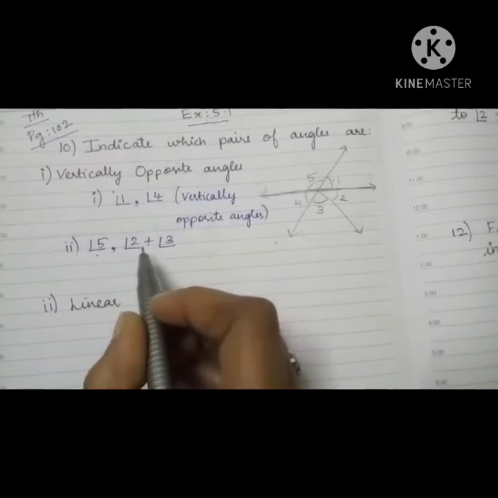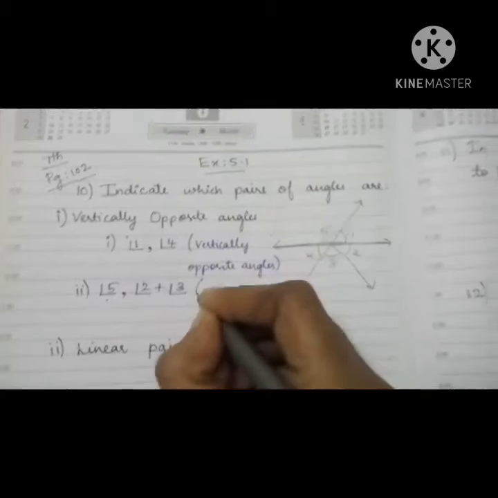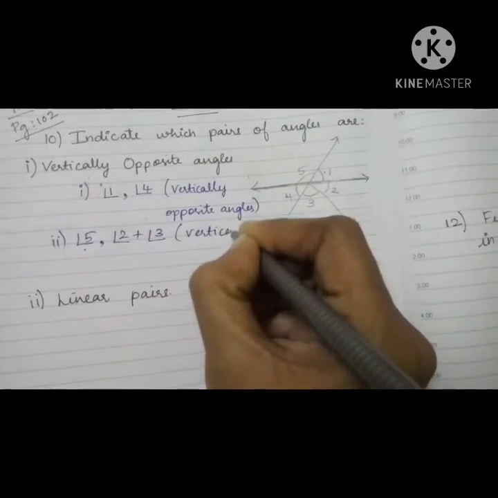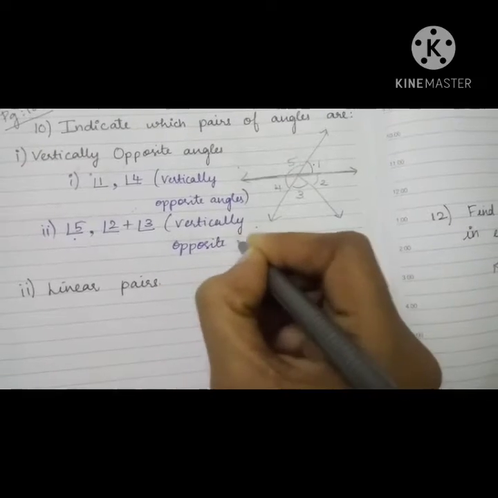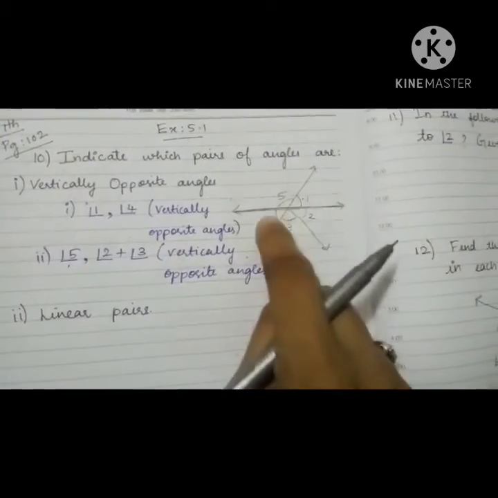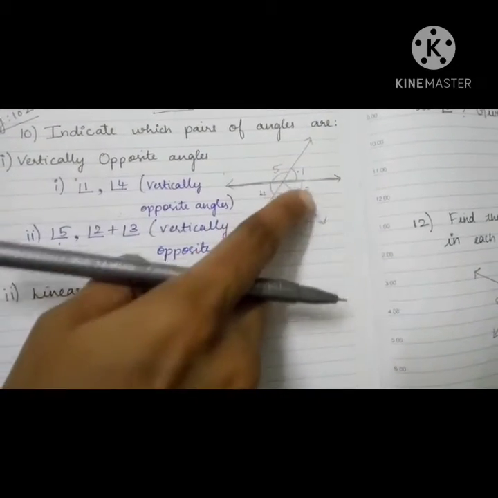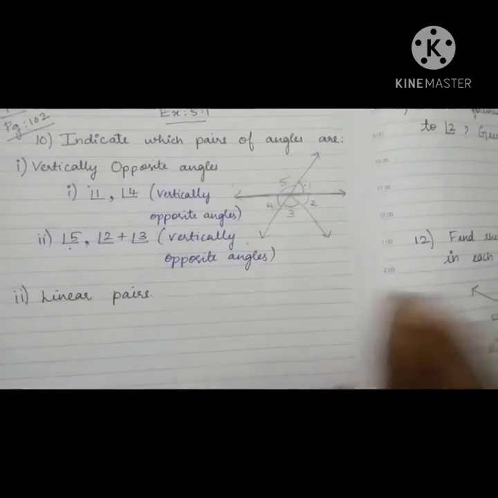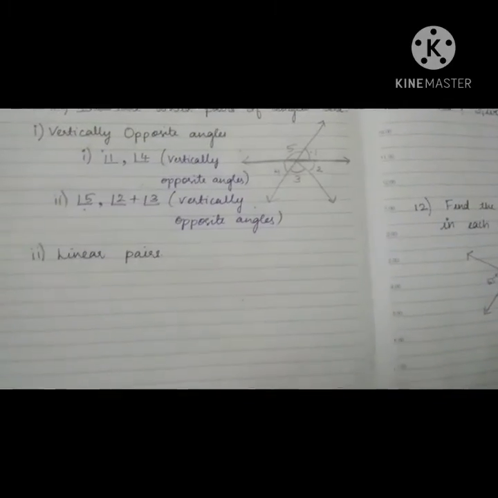So, they are vertically opposite angles. Yes, so here angle 1 and 4 are vertically opposite angles. Next 5 and 2, 3 are vertically opposite angles. So now we have mentioned the vertically opposite angles.